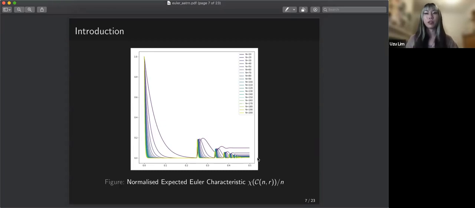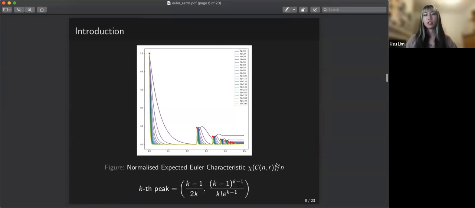And so what's going on? One thing you should be noting now is that it is divided by n, so when you scale it back up by multiplying by n, then these spikes will shoot to infinity. So you have unboundedly large expected Euler characteristic at these specific narrowing spikes at specific places. And these spike locations can be computed exactly, and I've marked them by red dots here.